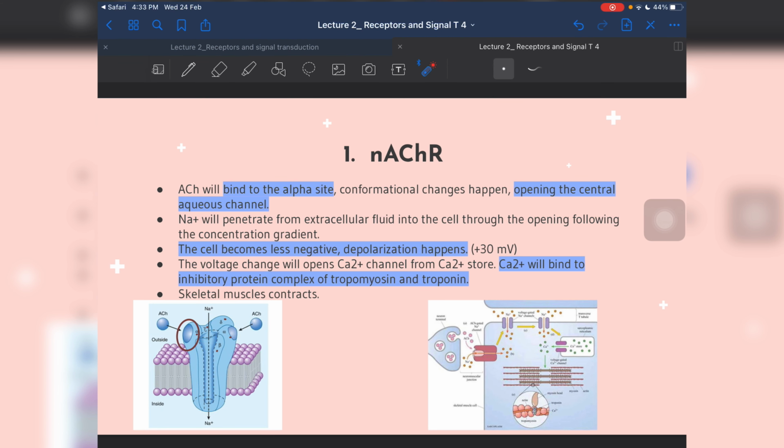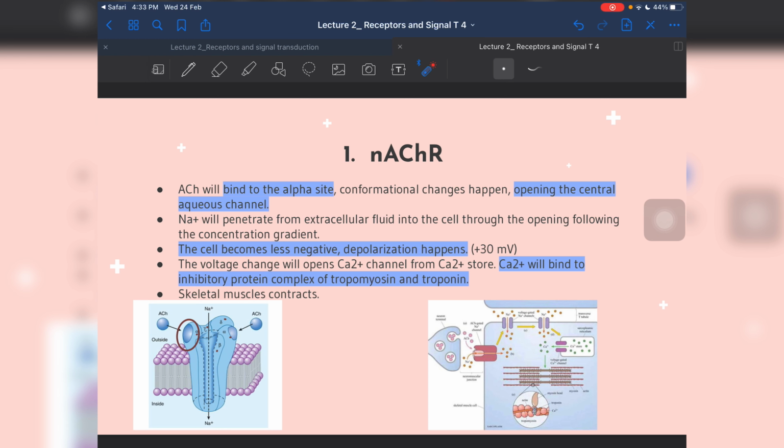Acetylcholine will bind on the alpha subunit, and a conformational change will occur that results in the transient opening of the central aqueous channel through which sodium ions penetrate from the extracellular fluid into the cell down its concentration gradient. It will produce a localized excitatory postsynaptic potential, which is a depolarization.